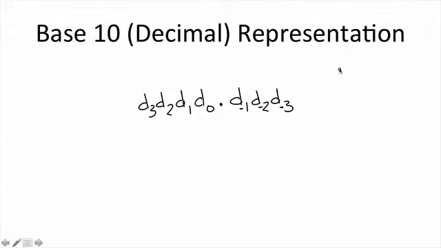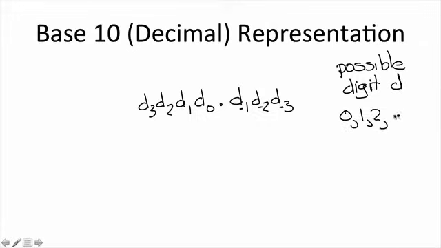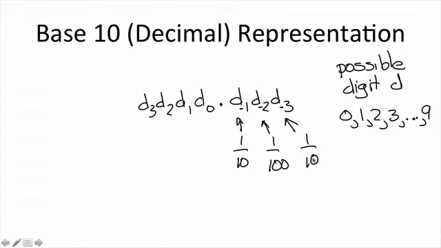And each possible digit D would be 0, 1, 2, 3, up to 9. This would be 1/10, and this would be 1/100th, and this would be 1/1000th.